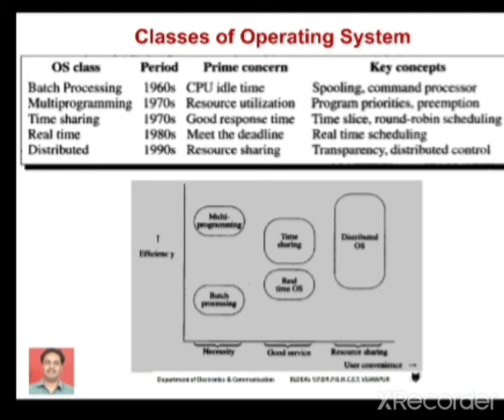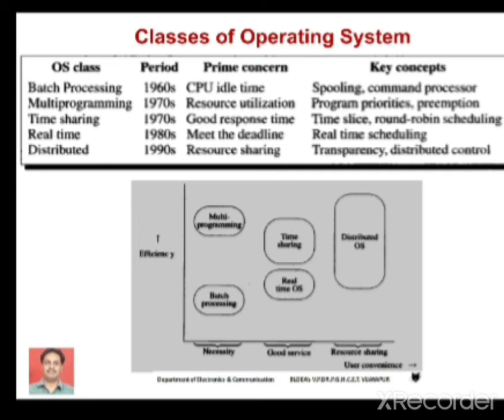In this case, each user program is executed for a small period of time, so that users are under the feeling that the CPU or operating system is executing only their program. However, the multiplexing of the programs takes place within the operating system. They used the key concepts called time slice and round robin scheduling.